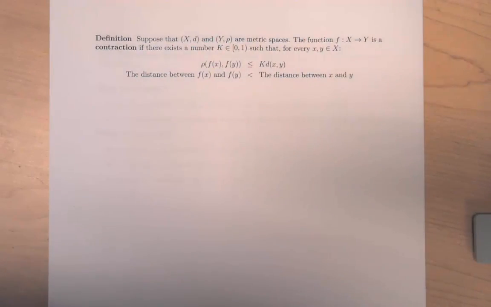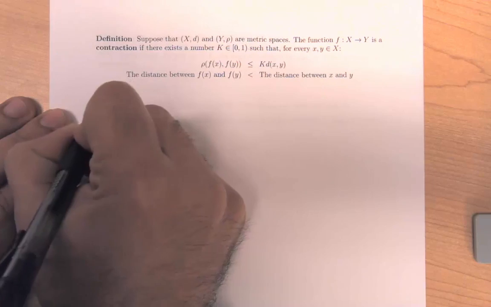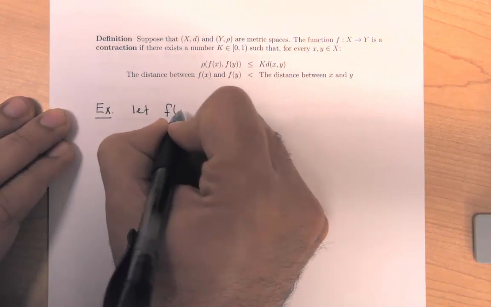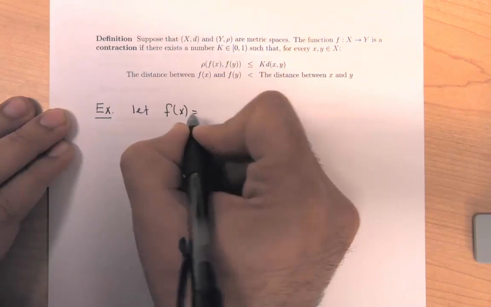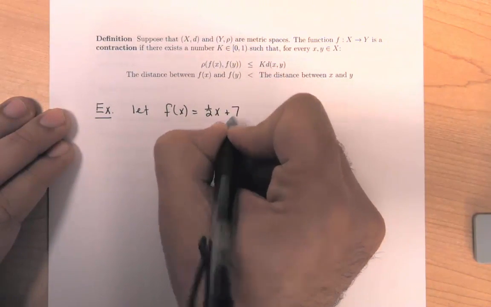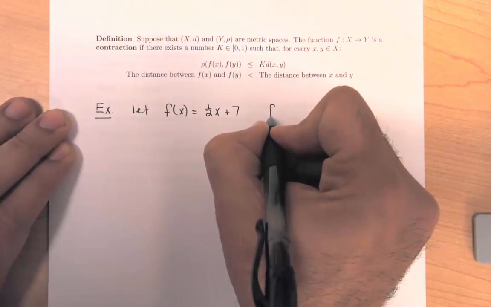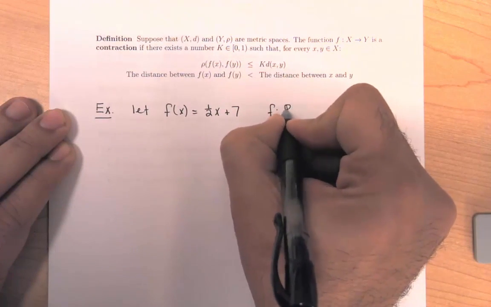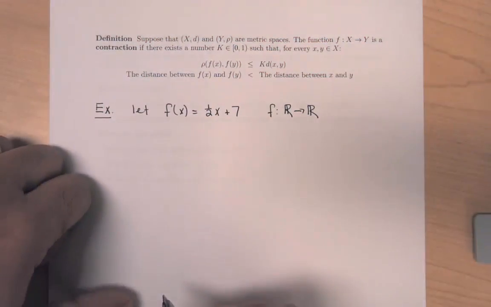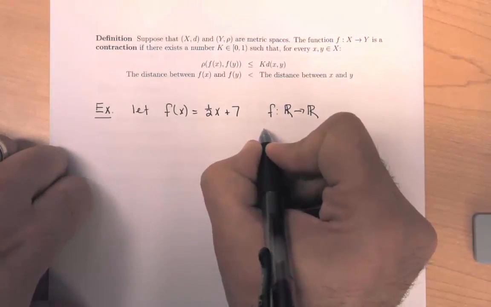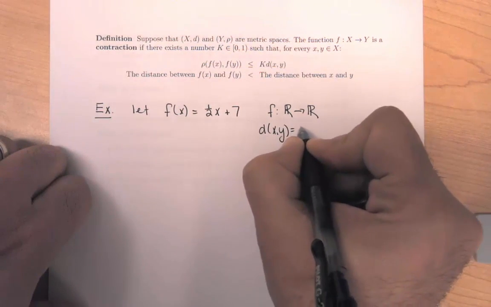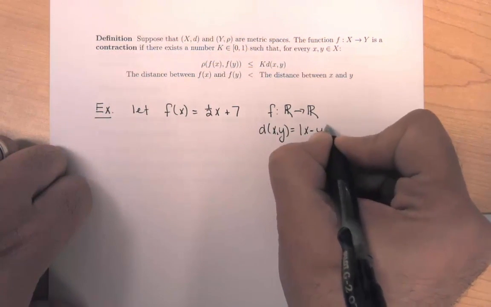So let's take a look at a couple of examples. Let f of x be 1/2 x plus 7, where f maps the reals to the reals. And suppose that my metric is just the absolute value of the difference.